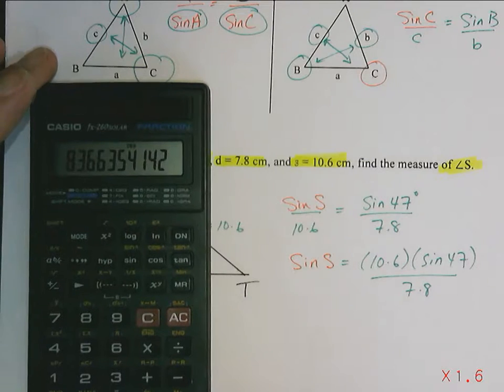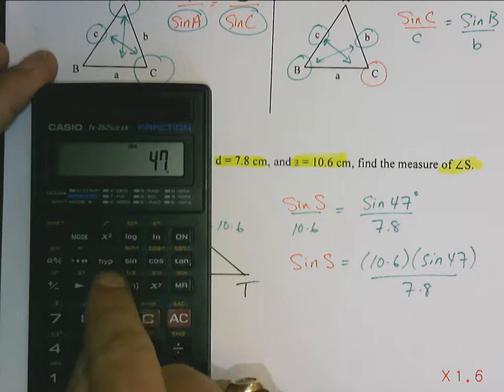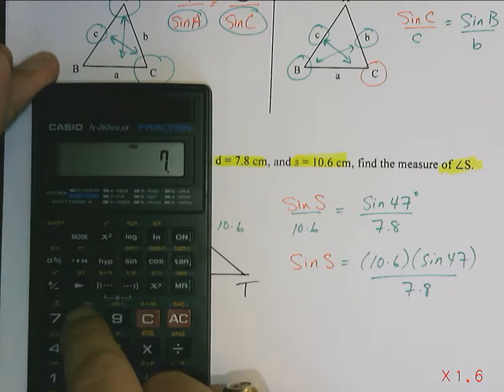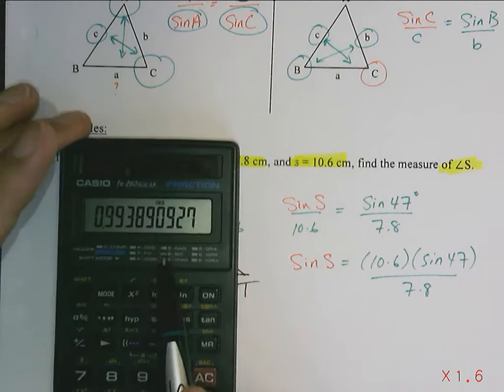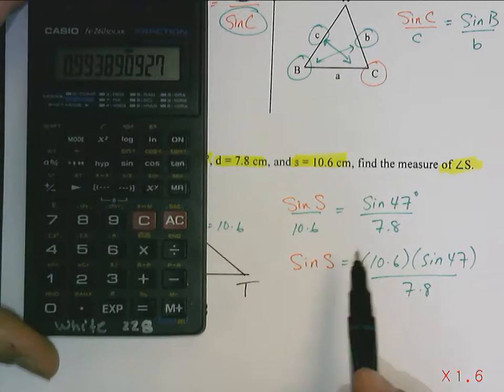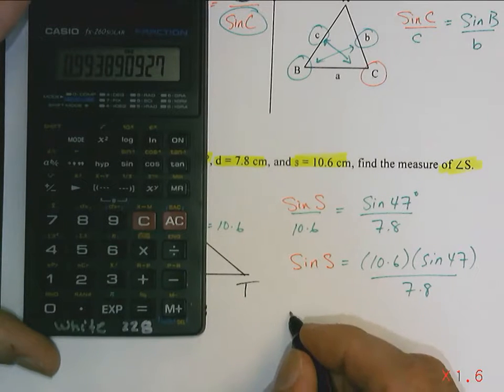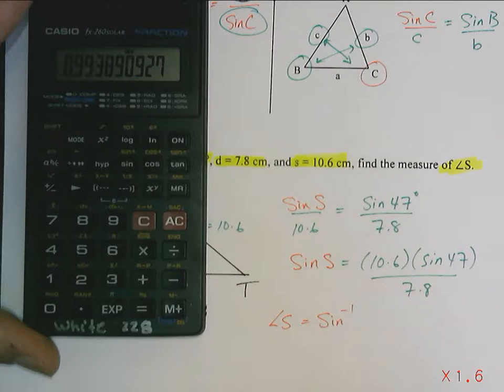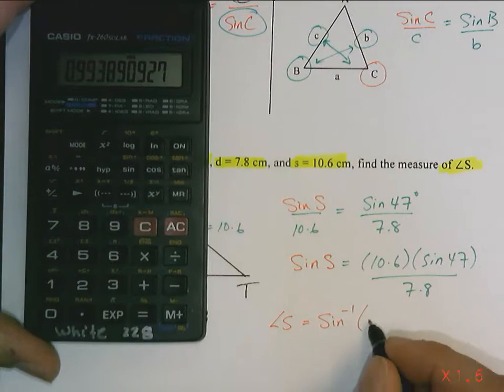Using my calculator, I'm going to do 47 sine times 10.6 equals, divided by 7.8 equals. Now be careful, do not round this number. You need all of it because you're going to use it to calculate the angle of S. What you have to do is the inverse of this whole number.